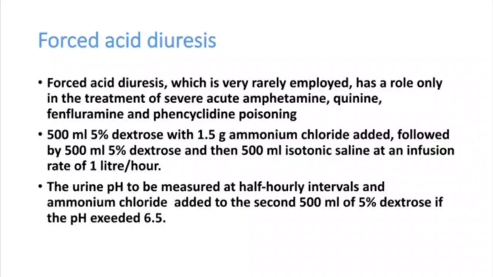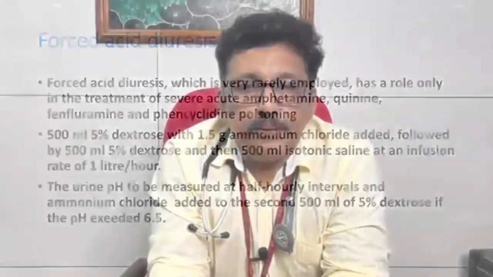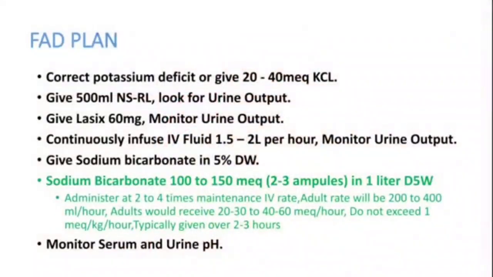So we have explained what forced alkaline diuresis is, where it is indicated, and how to give it. When we give this large amount of volume, we give 500 ml of normal saline initially, then soda bicarb as a continuous infusion with 5% dextrose, and we give Lasix. We have to give potassium before these drugs are given.